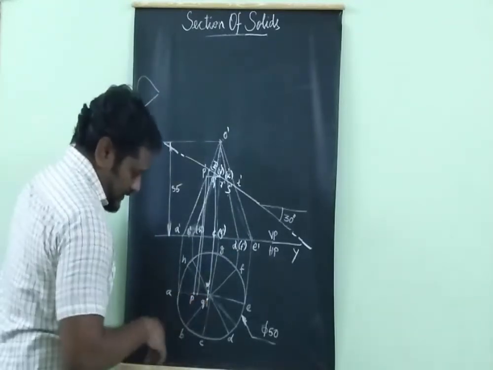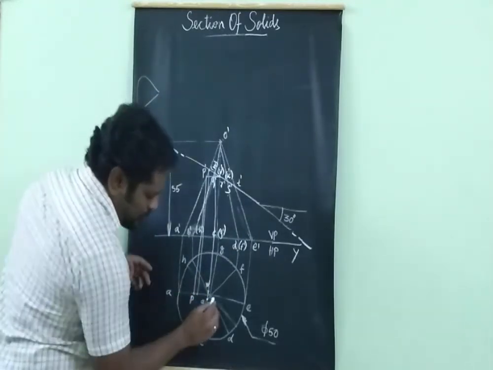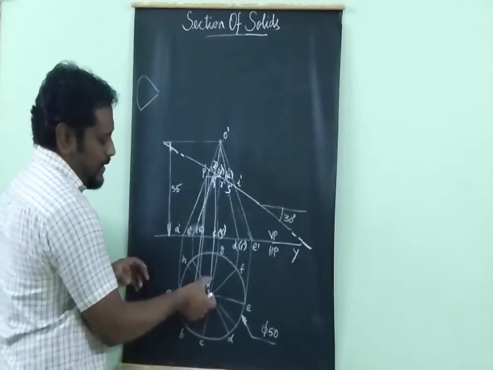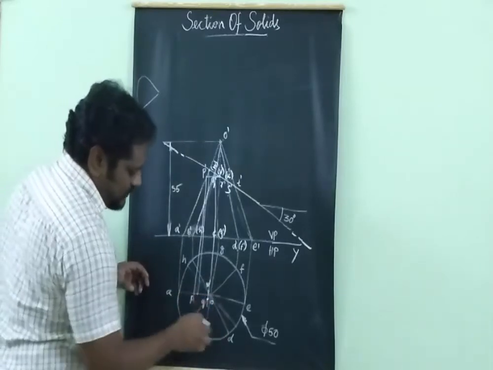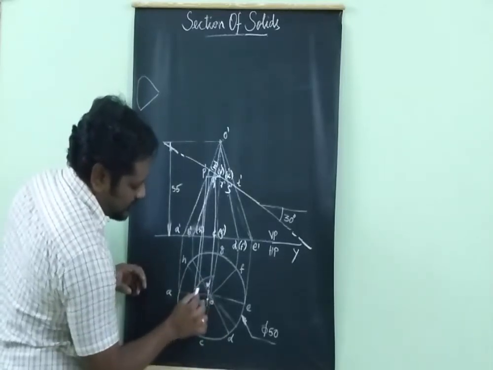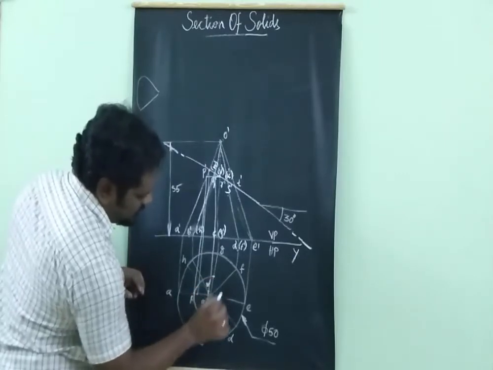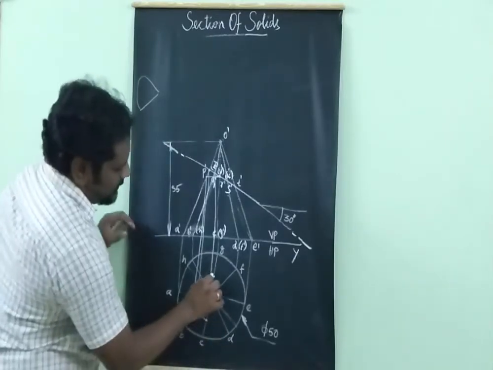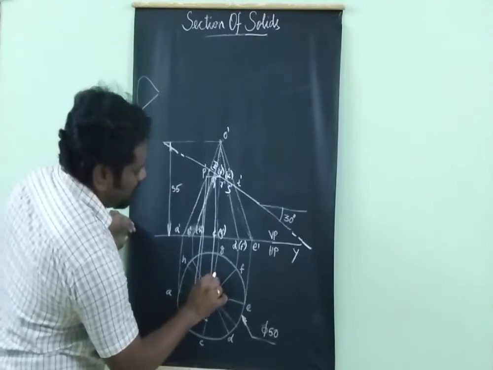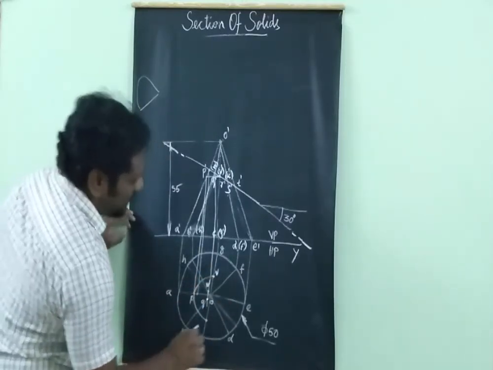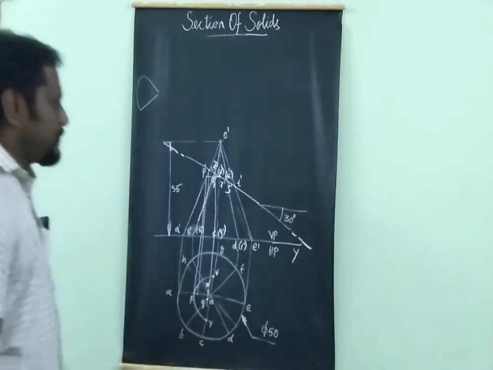Now take your compass from point O, measure this distance and cut the arc like this. You will get a point here and here. This point is your invisible point V. This point is your visible point R. Right?